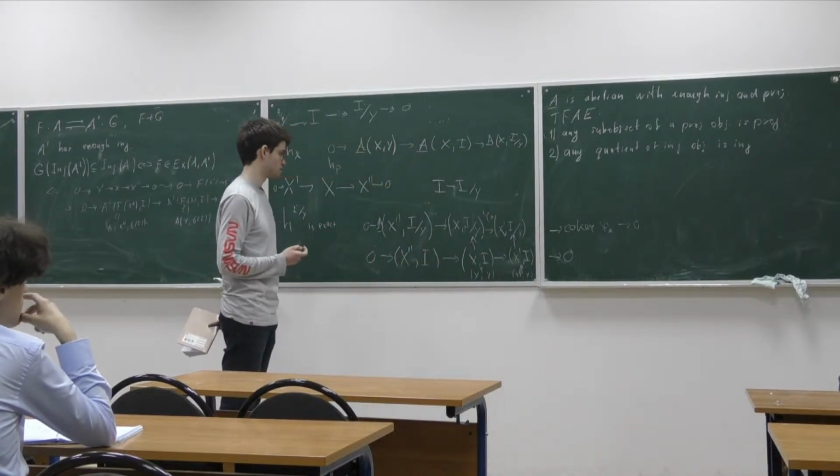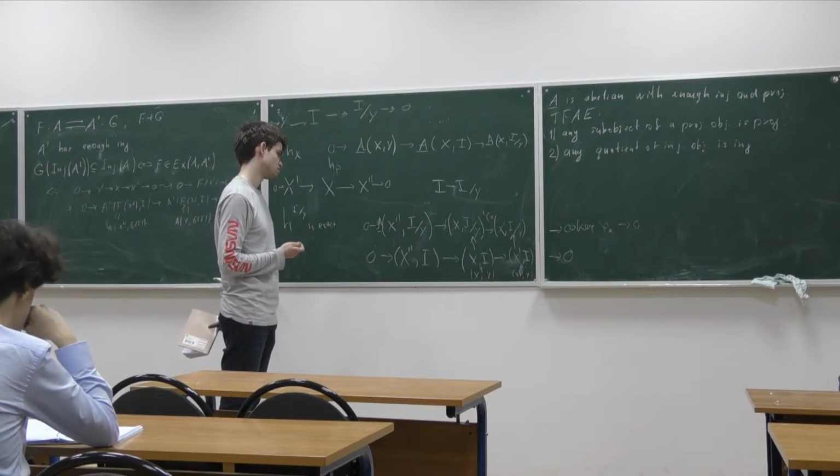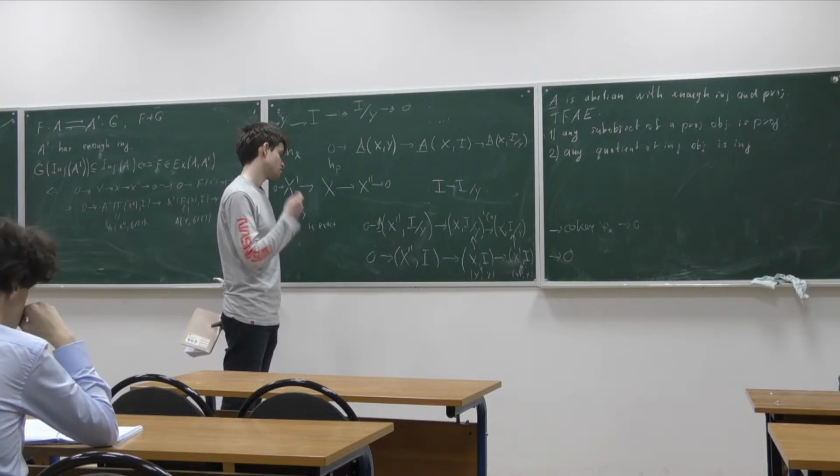Yeah. I didn't show that. Yeah, and I think you still need to take any short exact sequence x prime, x and x double prime and see that the kernel is 0. That's true.